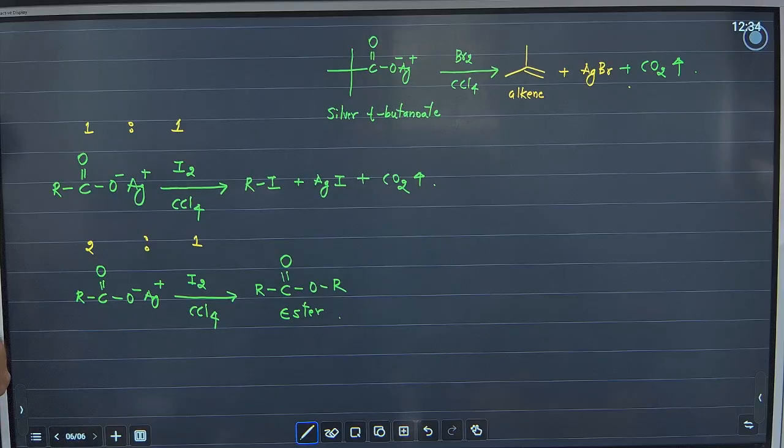Getting that? So if we use 1:1, we'll get an alkyl iodide. But if we use 2:1, तो हमको क्या मिलता है इधर वो ester. Did you people get that? Pause करते हैं ना.